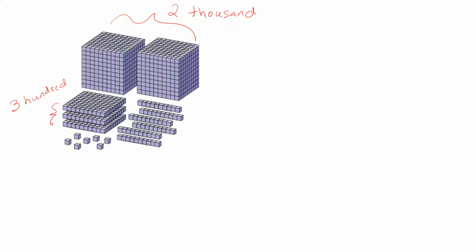And I have 1, 2, 3, 4, 5, 6 of the longs. So that's 60, or 6 tens. And then I have 1, 2, 3, 4, 5, 6, 7 ones. So to write this number, it's 2,367.